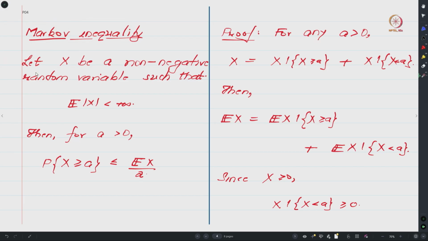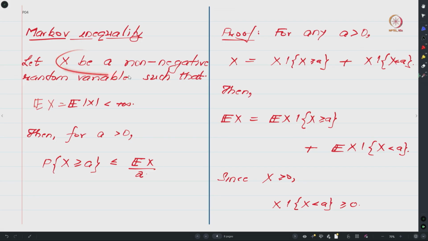It says that suppose X is a non-negative random variable such that the expected value of absolute value of X is less than infinity, which means that this random variable X is integrable, okay, and since it is non-negative, absolute value of X will basically be expected value of X itself, okay.